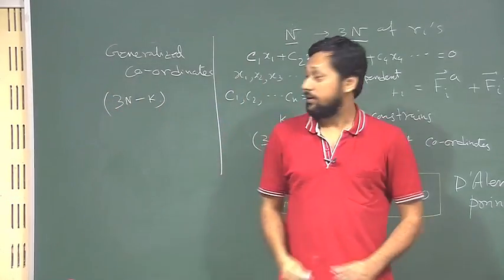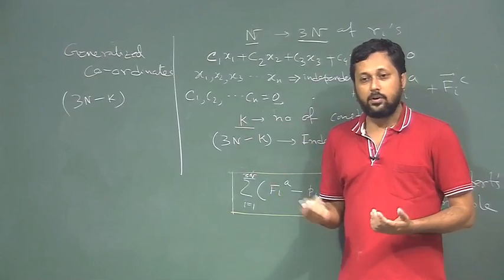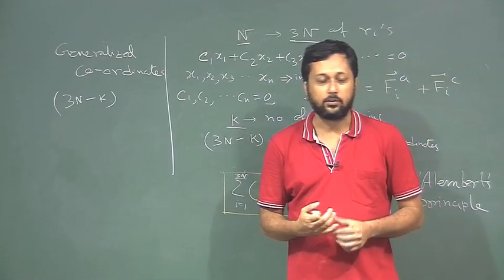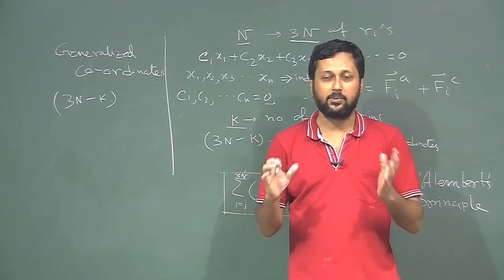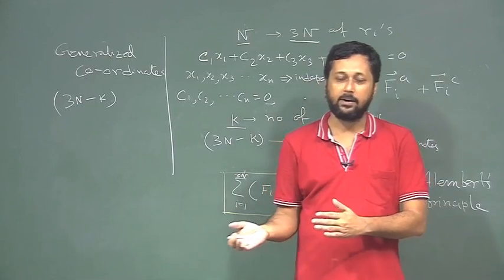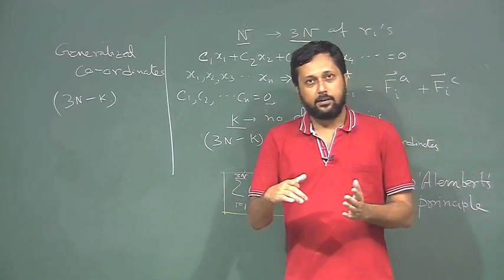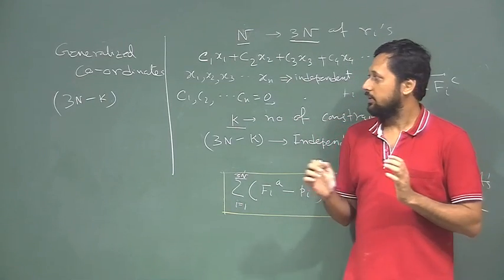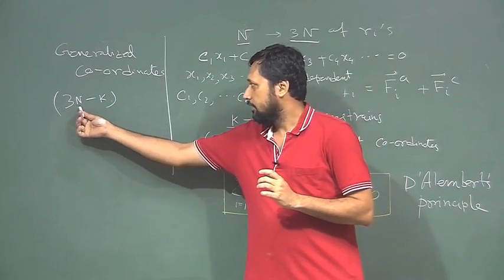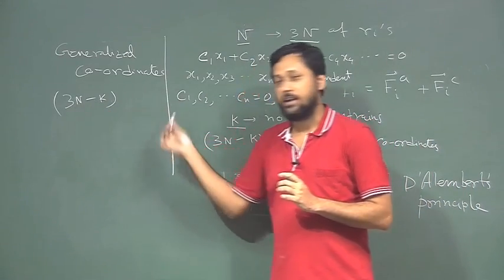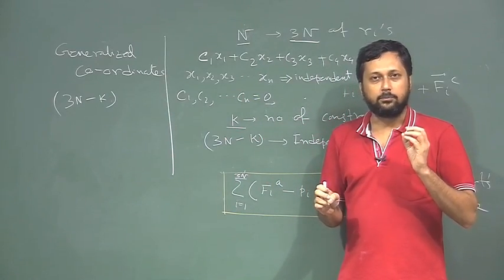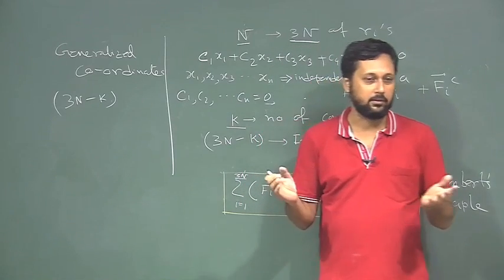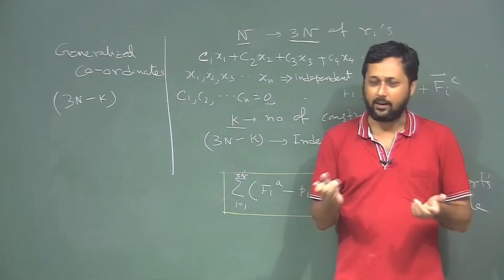These need not be coordinates as such; it could be electric charge, it could be mass, some independent quantity which does not depend on any other quantity used to describe the system. So, for a system with n particles and k constraints, we need 3n minus k independent parameters, and these parameters might not have the dimension of length, or angle, for example.